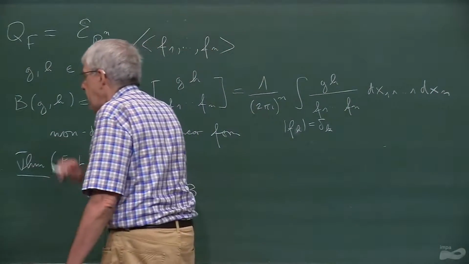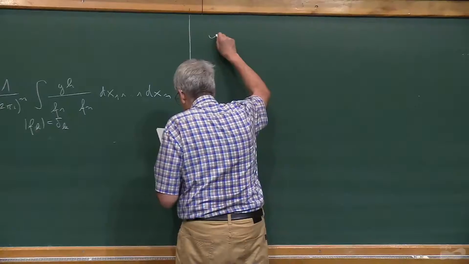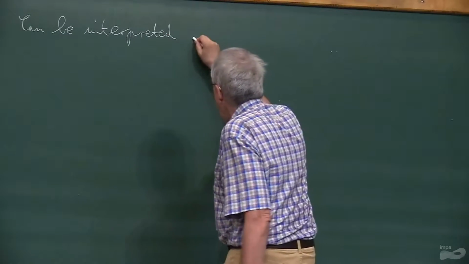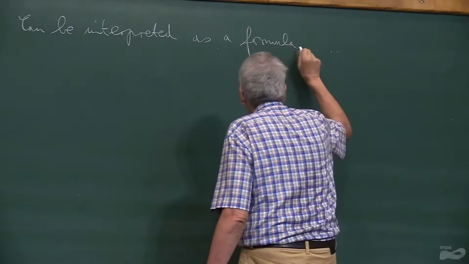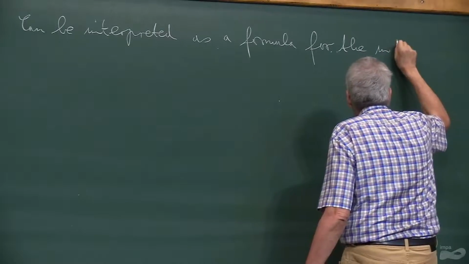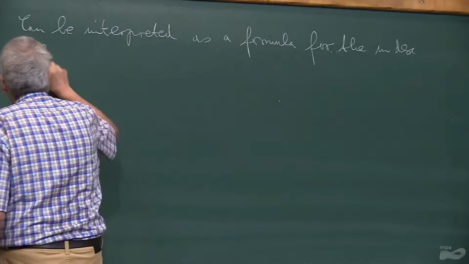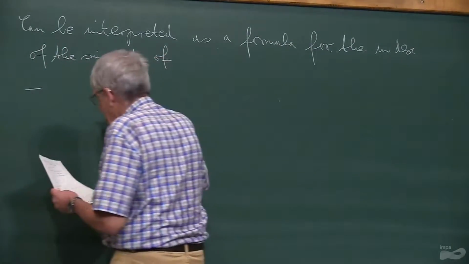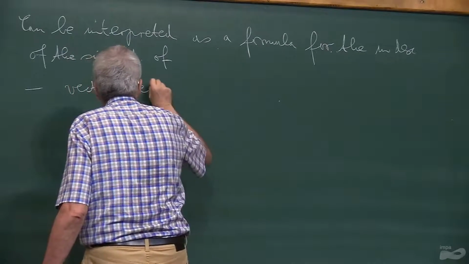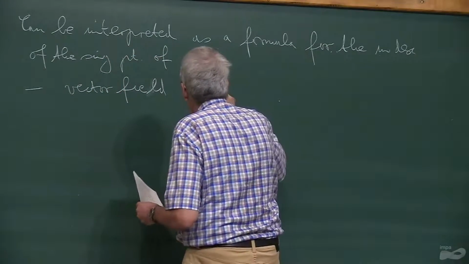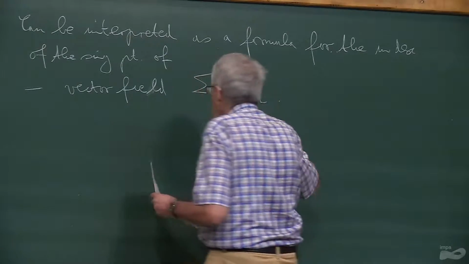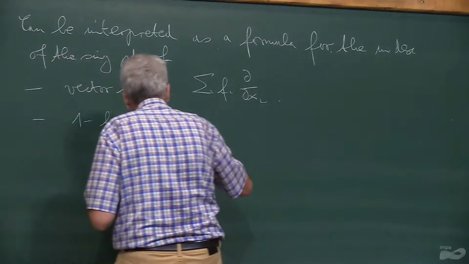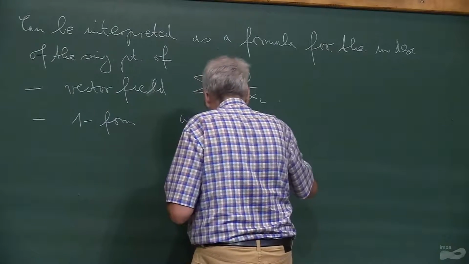Now, this theorem can also be interpreted as a formula for the index of a vector field at a singular point, where you consider the vector field given by sum f_i d over dx_i, or as the index of a one form given by omega equal to sum f_i dx_i.